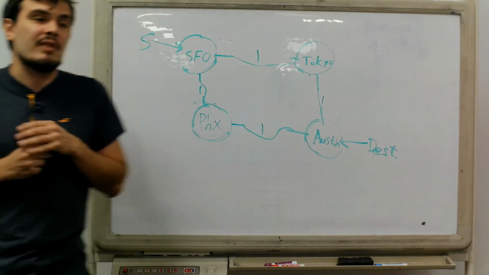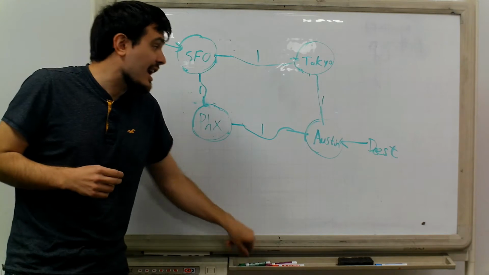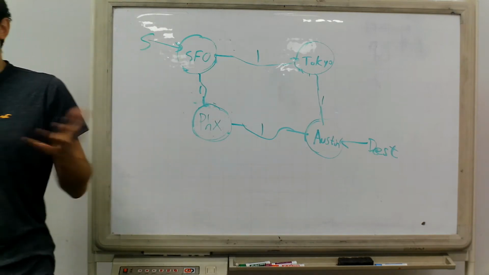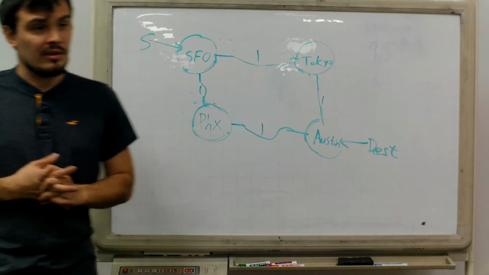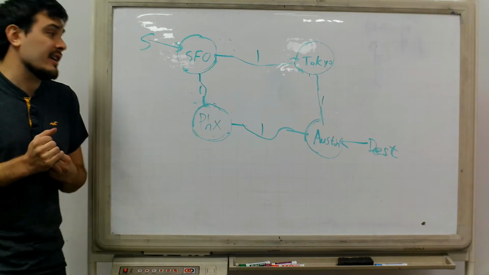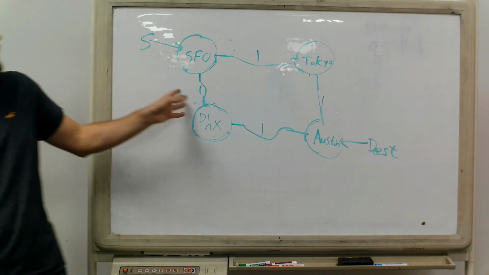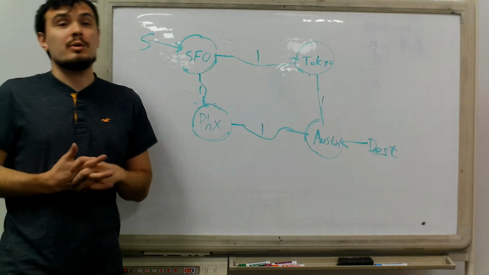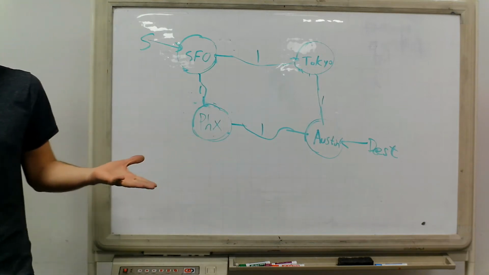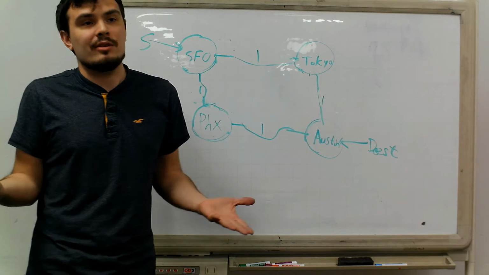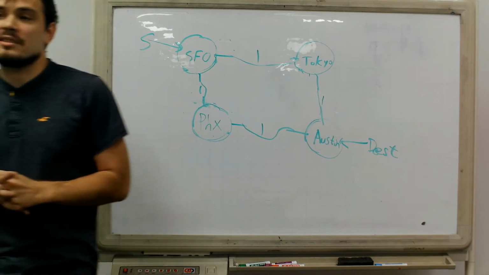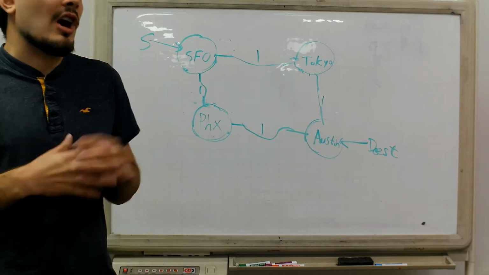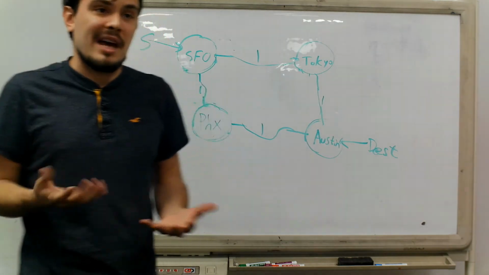If you set every weight to equal 1, this is actually the same as the unweighted graph case. So again, this just points out that a weighted graph is a generalization of an unweighted graph. If you take a weighted graph and assign every weight to 1, that's the same as an unweighted graph. Because then if you ask for something like shortest path, the cost of a path is just the number of edges in that path.